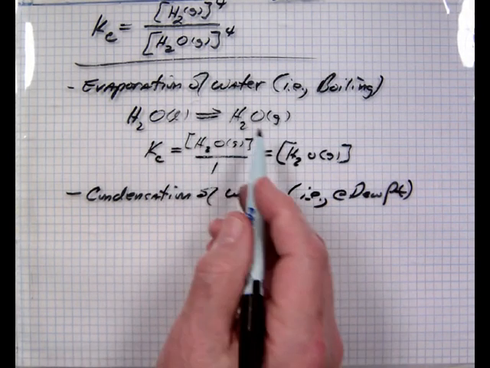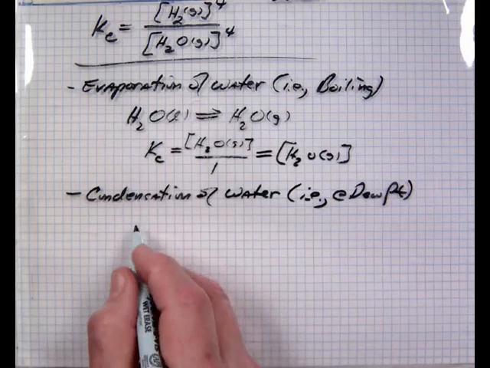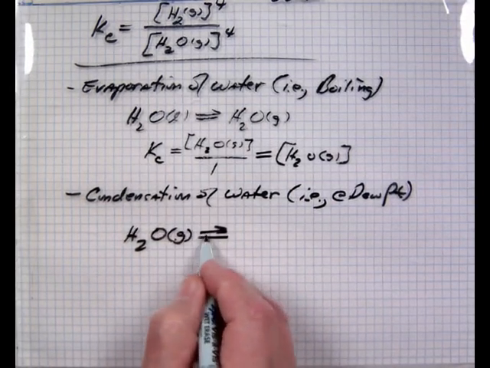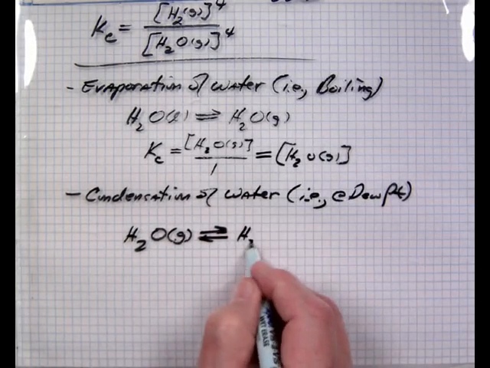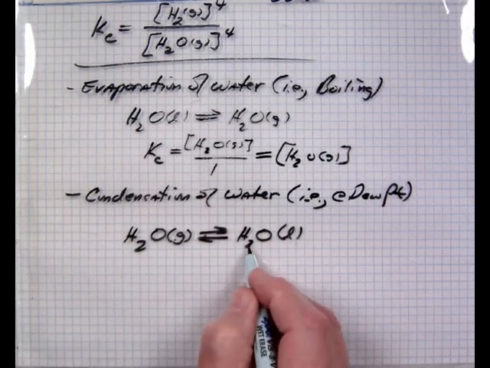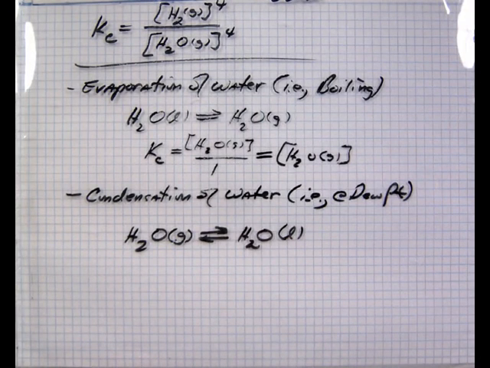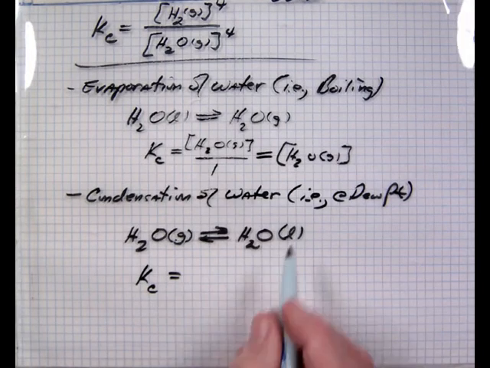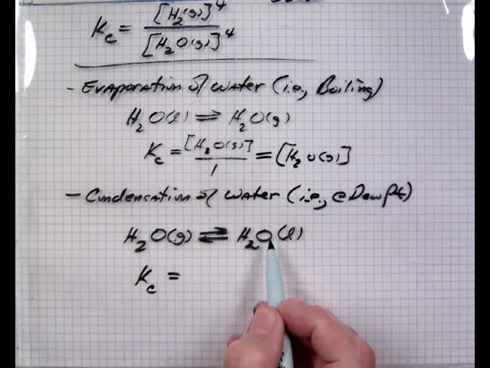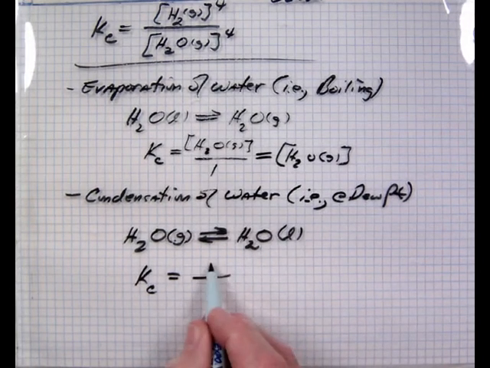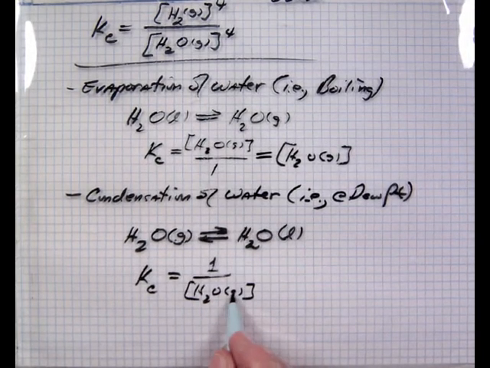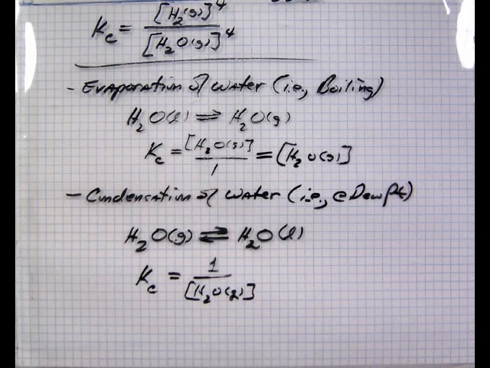That means you're going from a gas to a liquid now. So to represent that process, you're in the gas phase, and you're going down to the H2O liquid phase. You condense it down there. Still products over reactants. And when you write your Kc expression, that's a liquid. What do you do? You ignore it and you put a 1. So this would be 1 over H2O as a gas, like that. So that is the expression that you would use.